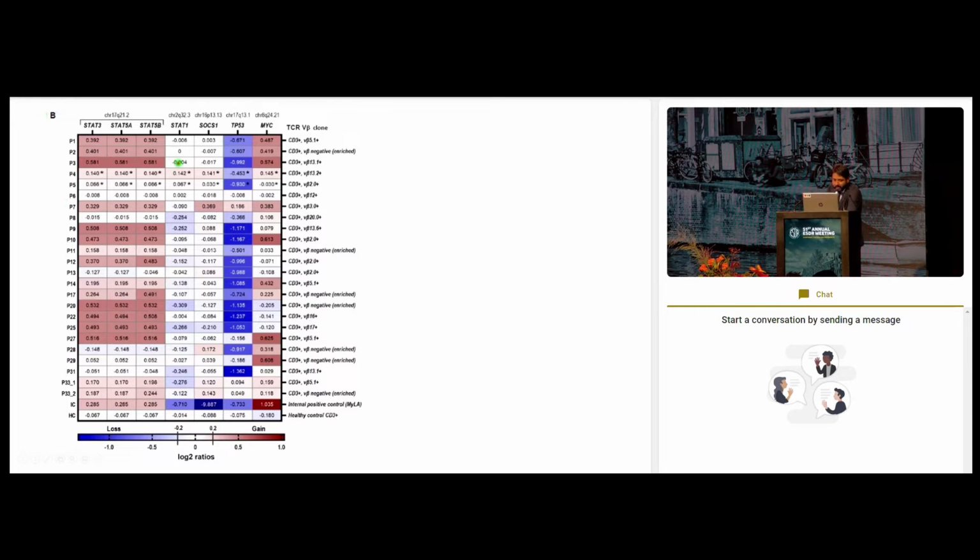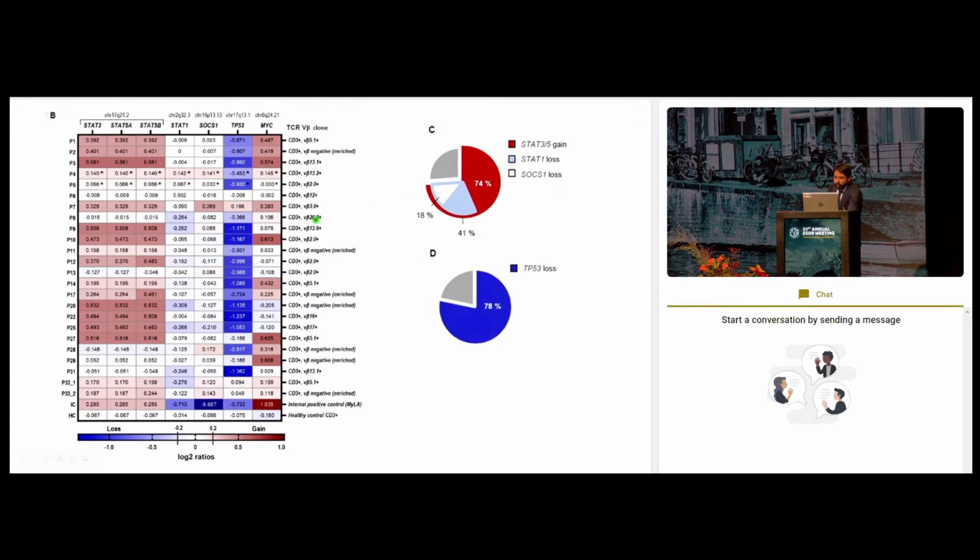Here is the log2 ratio: around 74% of the patients have STAT3-5 gain, 41% have SOX1 and STAT1 loss, 78% have TP53 loss, and around 56% have MYC gain.